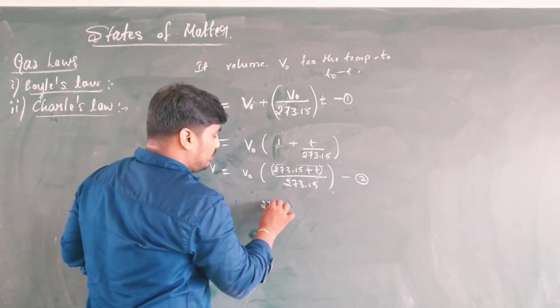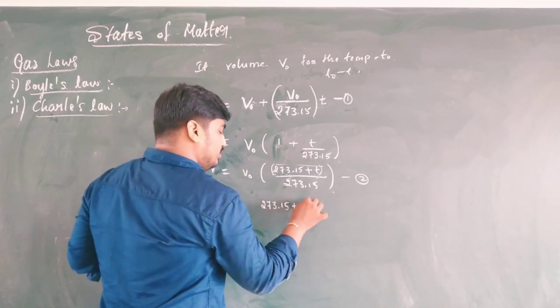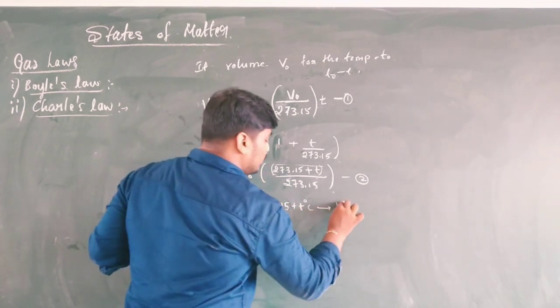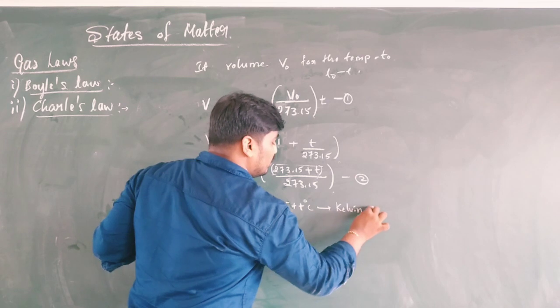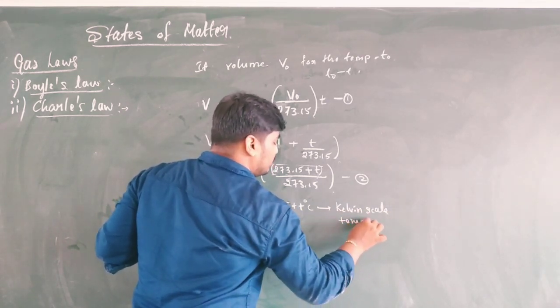This 273.15 plus T degree Celsius is known as the Kelvin scale temperature, very important.